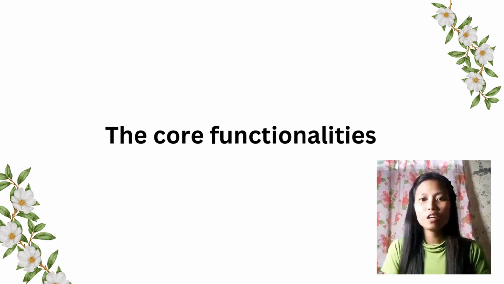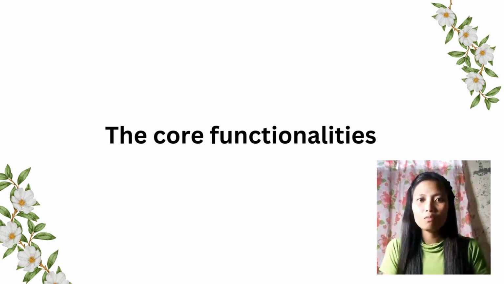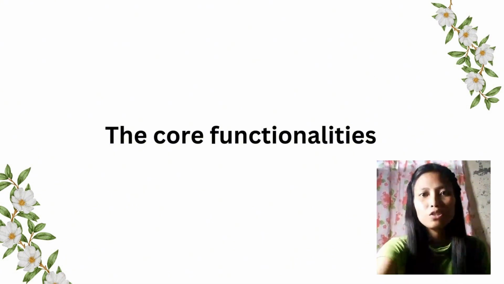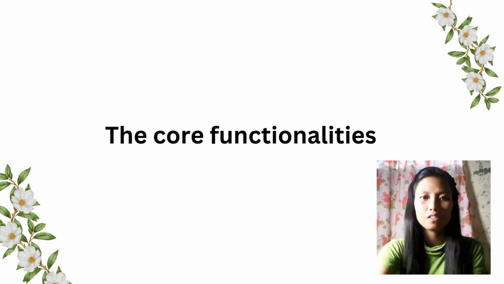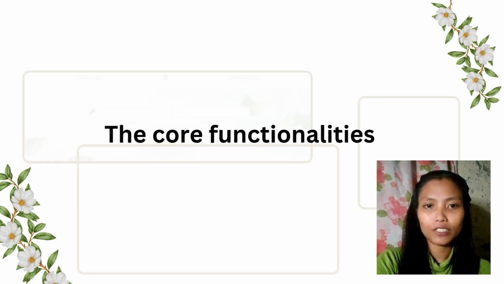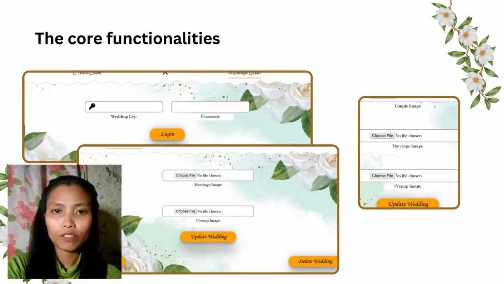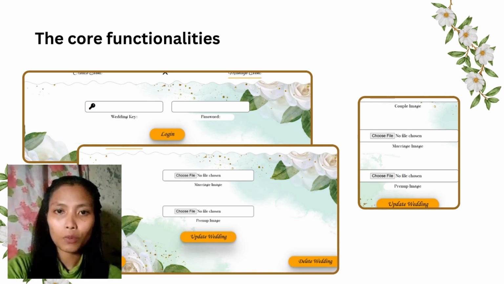For the core functionality of the web, we want our users, who are primarily the wedding manager or the bride and groom couple themselves, to be able to add information about their wedding event. This requires separate pages such as the wedding details, participants, and testimony.